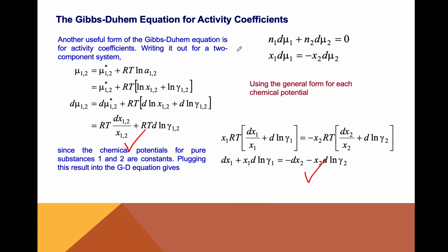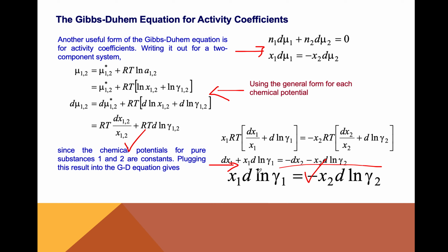So basically this one refers to this. Hereby, this is also one important equation to describe the Gibbs-Duhem equation for activity coefficient.